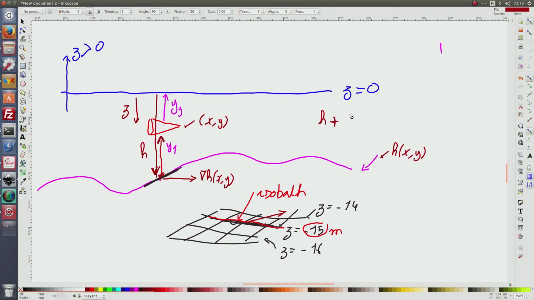So plus y1 using the sonar, plus the pressure, which gives me the depth y3, equal to 0. So this is measured, this is measured.